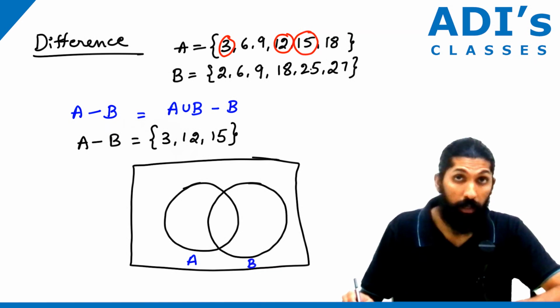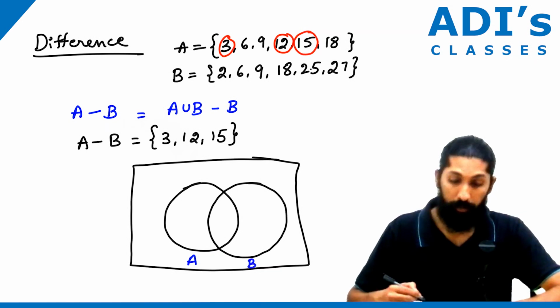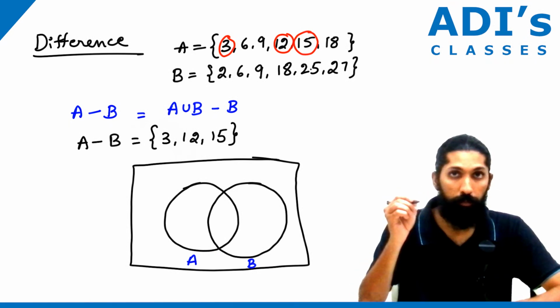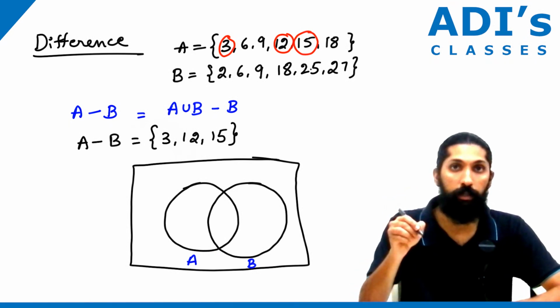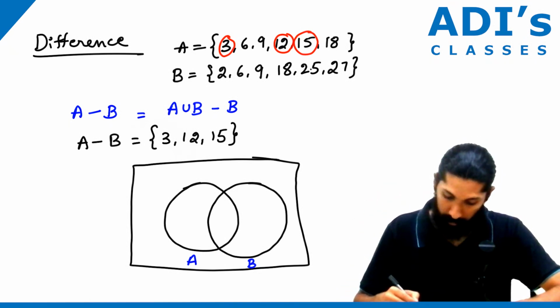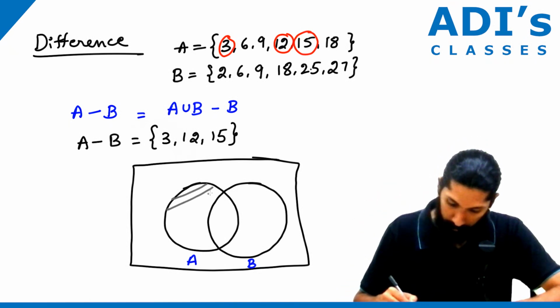Correct? Now, A minus B is what we are looking at. So A minus B is what? The value which is only in set A. It should not be in the intersection also, isn't it? That means here, we look at this part.